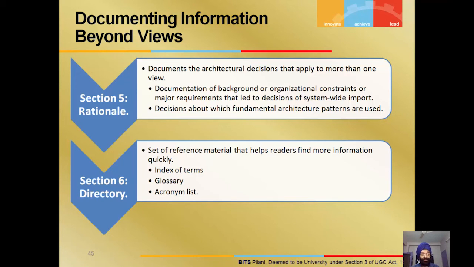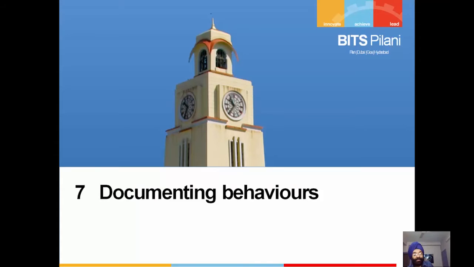So why have you got these views? Why did you not manage with just one or two views? Why were these additional views necessary? These types of decisions could be documented. And then you can have a directory giving an index of terms, a glossary, an acronym list. These could be points beyond views in a documentation.